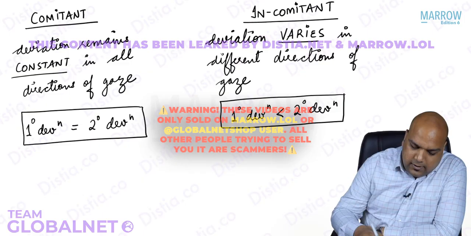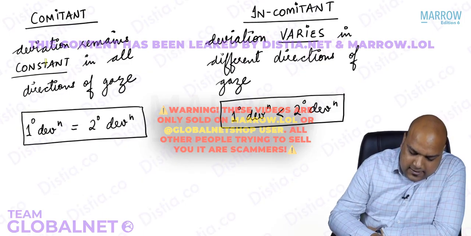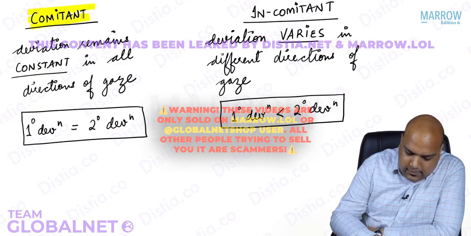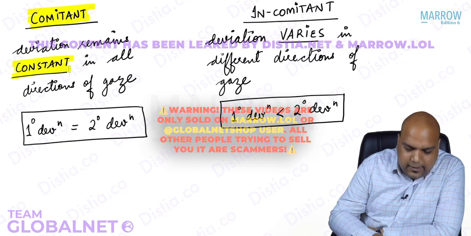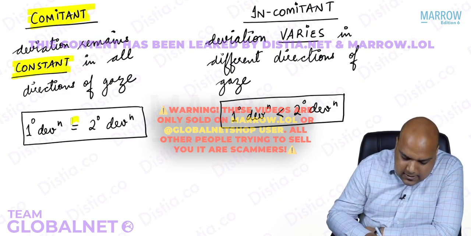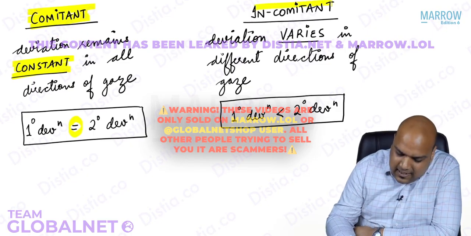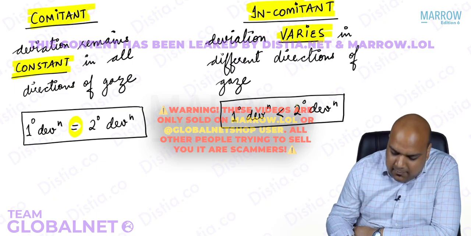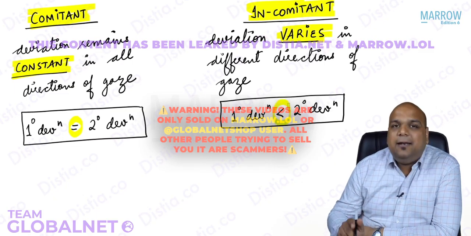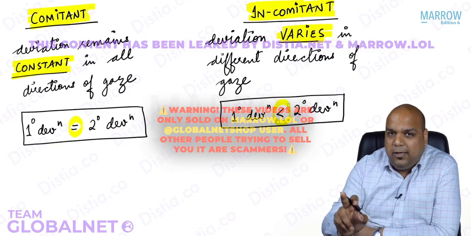First of all, I hope you understand that when I say that the squint is comitant, it is constant. Constancy is denoted by the equal to sign. When I say incomitant, I mean variation. Greater than or less than denotes variation. Okay, this much is clear.